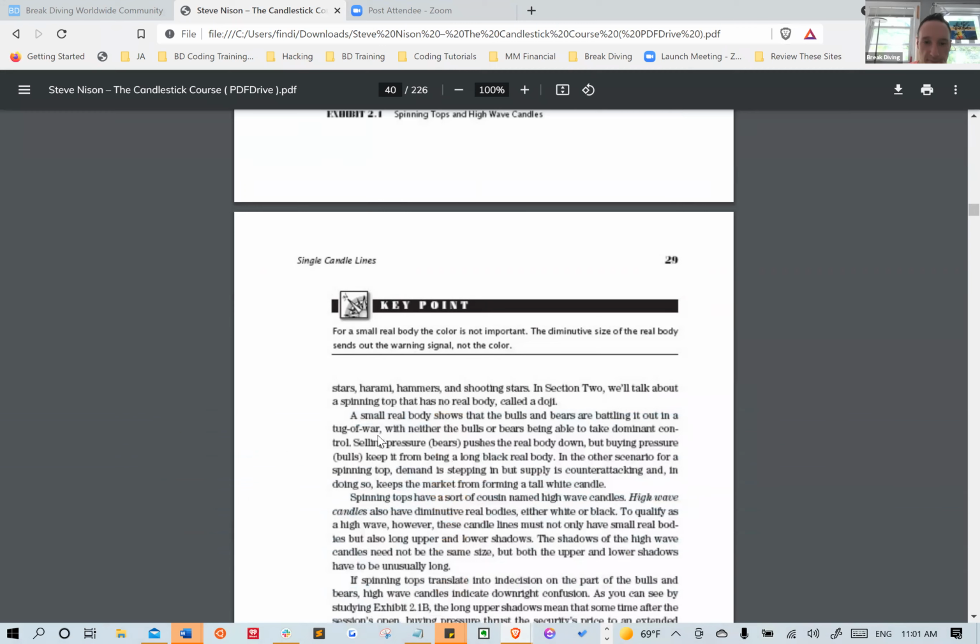Okay, so moving on. A small real body shows that the bulls and bears are battling it out in a tug of war, with neither able to take dominant control. Selling pressure, the bears, pushes the real body down, but buying pressure, the bulls, keeps it from being a long black real body. They're both buying and selling at the same time, which is why it's key to look at volume at that point too.